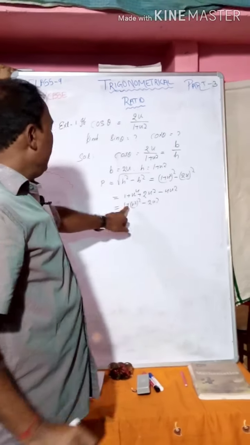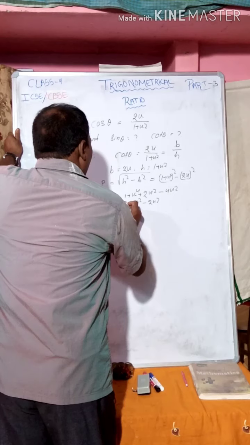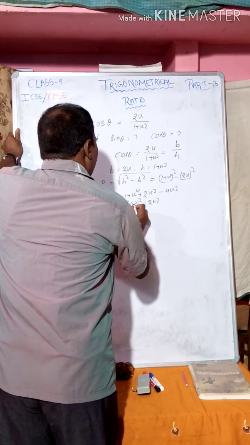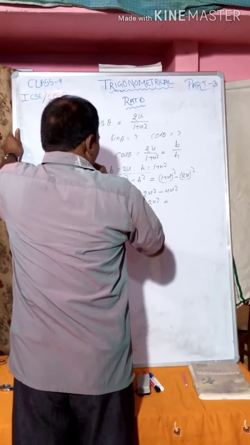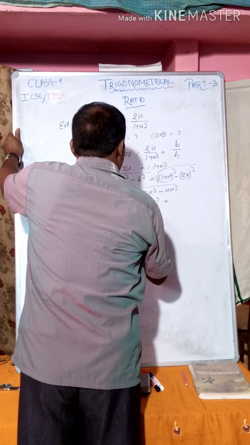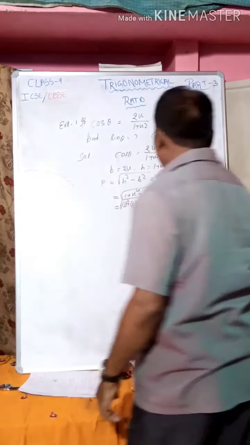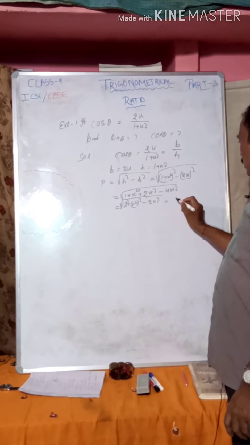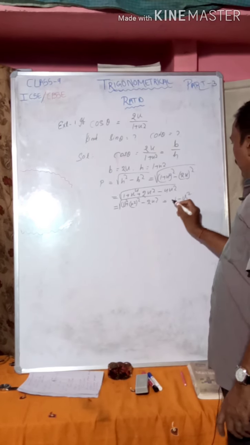Now look at a 1 plus x square whole square minus 2x square. 1 means 1 whole square, the a square plus b square minus 2ab. We can write this is square root, this is square root, and this is also square root. So a square plus b square minus 2ab, that is equal to a minus b.